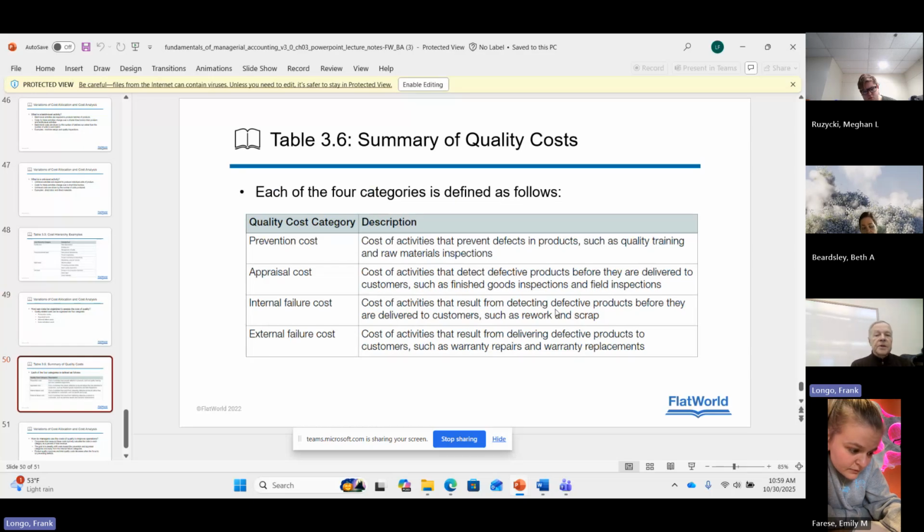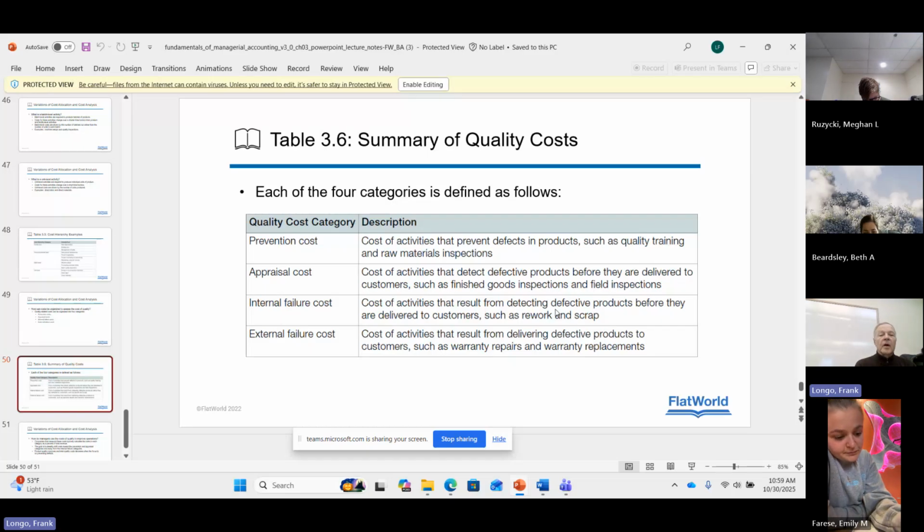So what you see on the slide is the cost category and a description. So a prevention cost. Our preference is to prevent the cost from occurring if we can. If that cost can be avoided, we'd like to prevent it, especially if it involves a defective product.